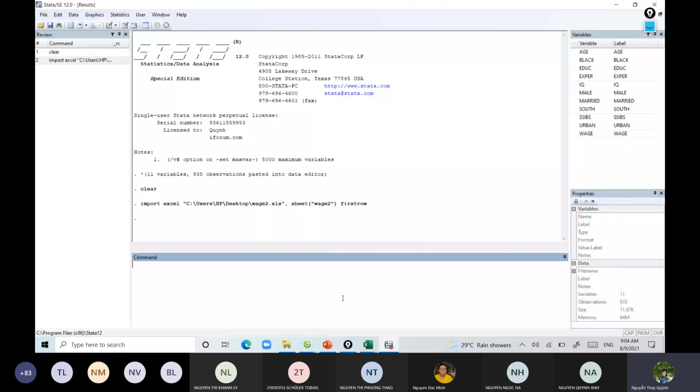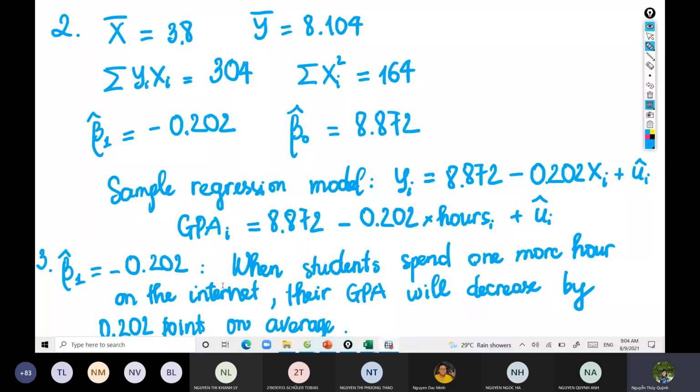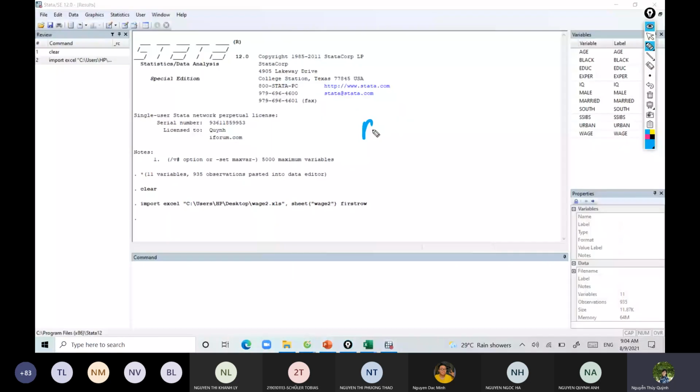Now, for regression, we will use the command reg, which stands for regression. Reg, then space, then the name of the dependent variable, space, and the list of independent variables.